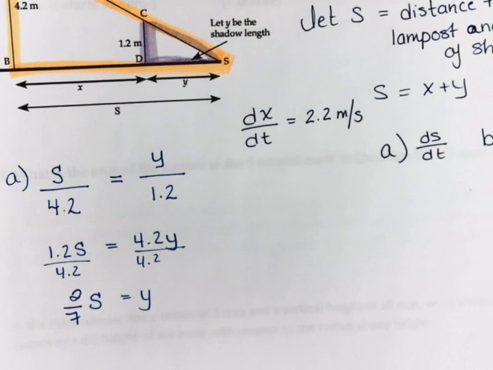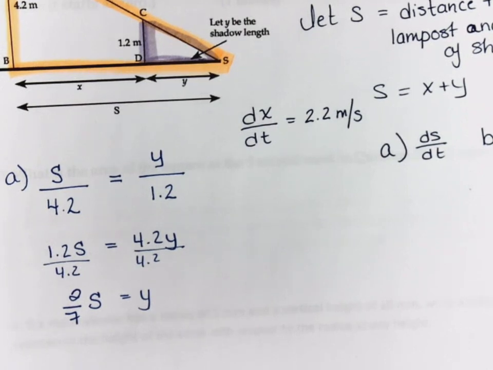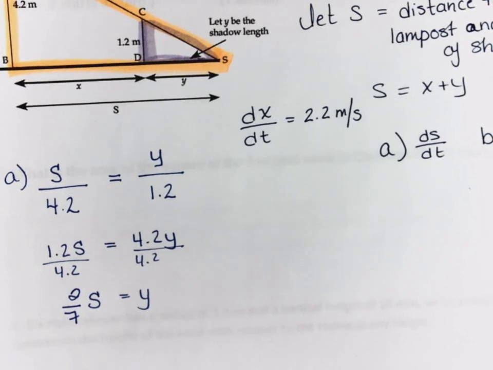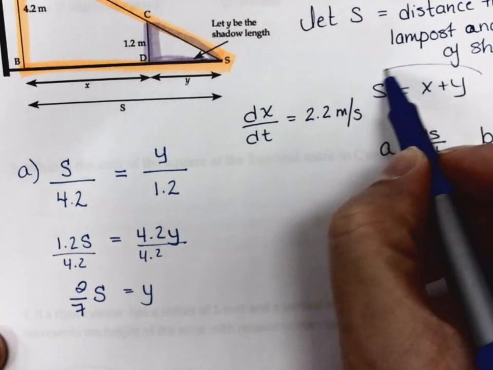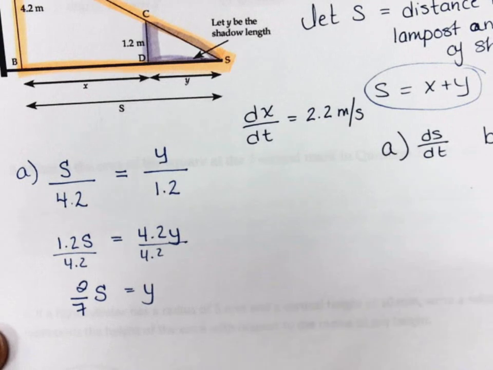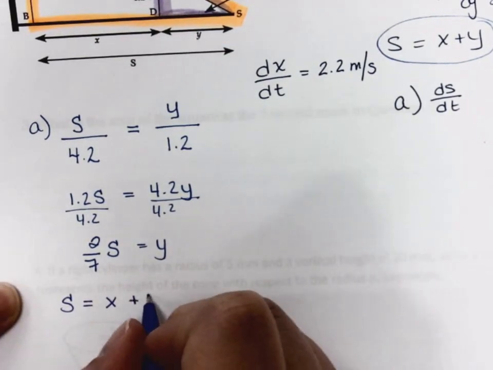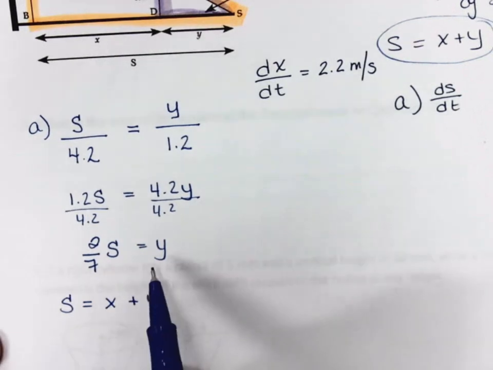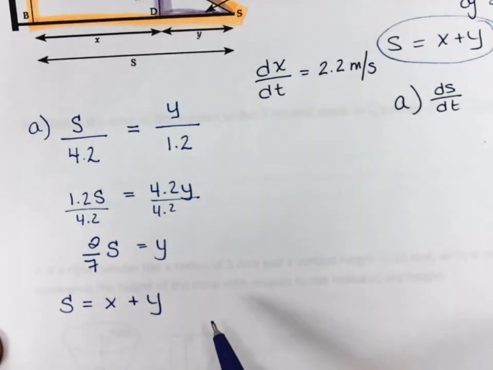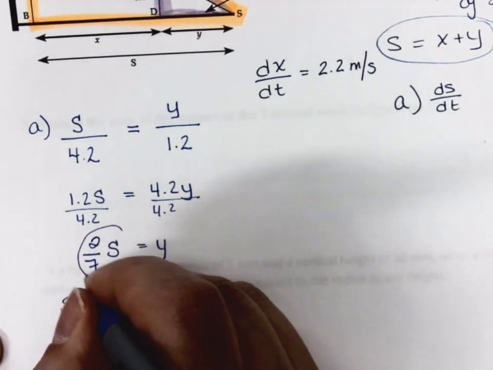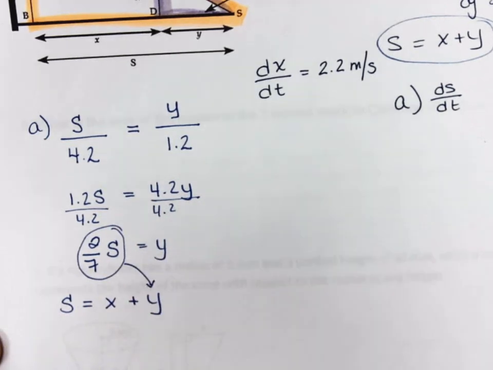So you're like, okay, that was not really exciting, and I don't know why I had to do that. Well, because we're talking about the lengths of the shadows, and we have no numbers for the length of the shadows. We do know, however, that s is equal to x plus y. And what do we know y is equal to? y equals 2 over 7s. So that can go in there.